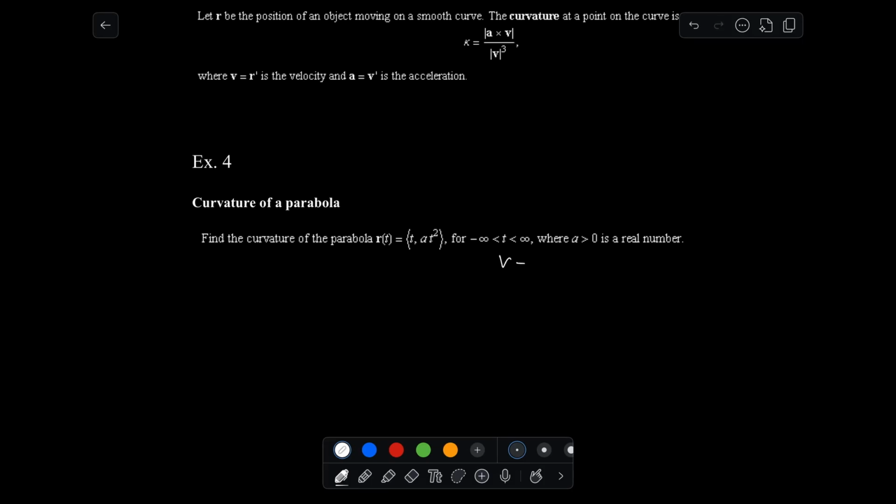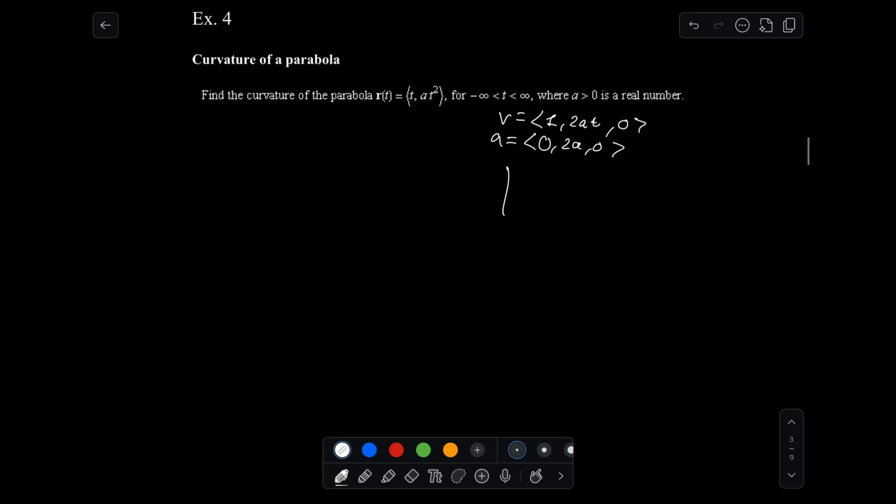So V equals 1, 2at, A equals 0, 2a. But we also have to not forget that it's going to be comma 0 for both of these. So it's going to be i, j, k, 1, 2at, 0, 0, 2a, 0.